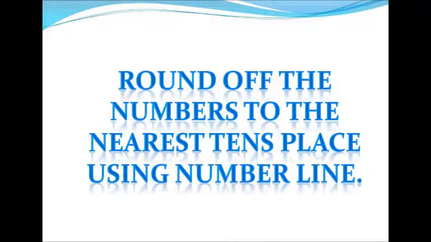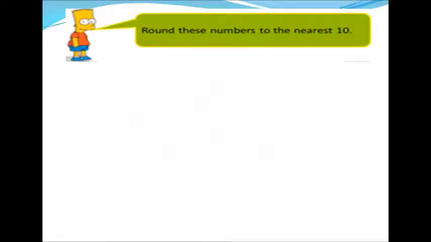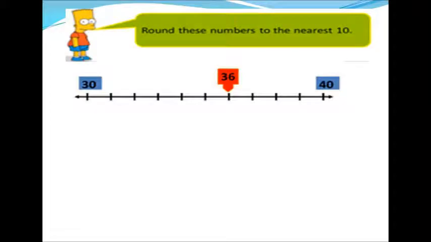Now round off the number to the nearest 10 place using a number line. Round these numbers to the nearest 10 place. We have to round off the number 36 to the nearest 10 place. Now 36 falls between 30 and 40. 36 is very near to 40, whereas it is far away from 30.